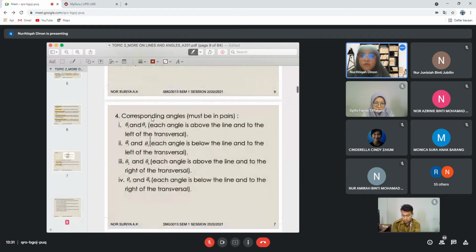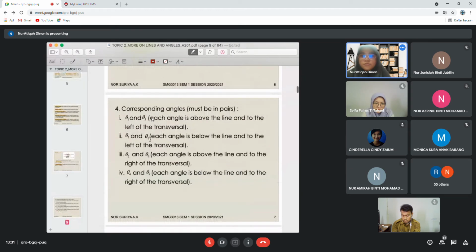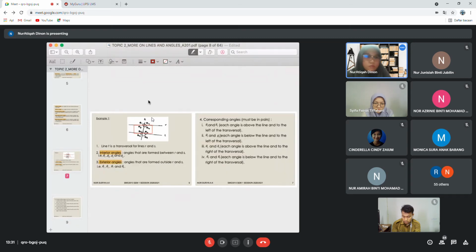Okay. Now for the corresponding angles, let me just show you this way. For corresponding angles, it must be in pairs.